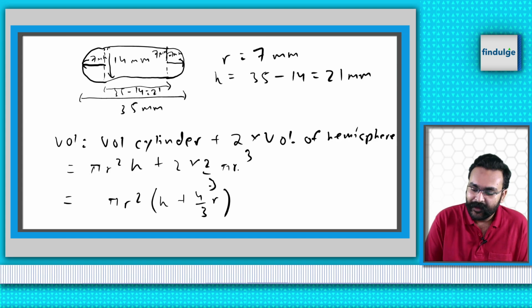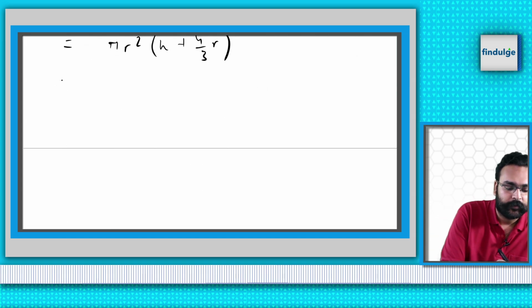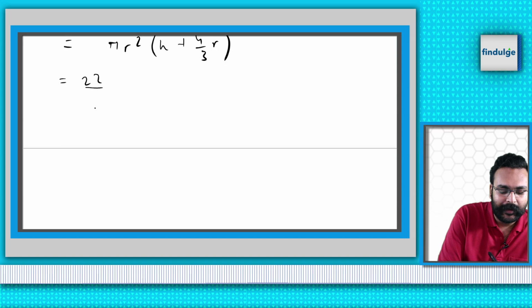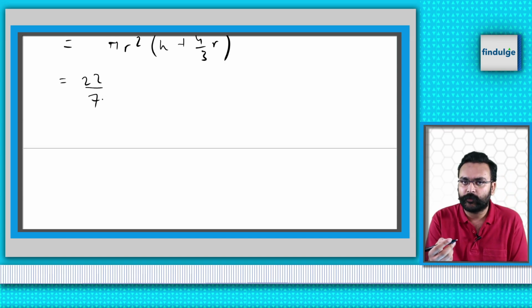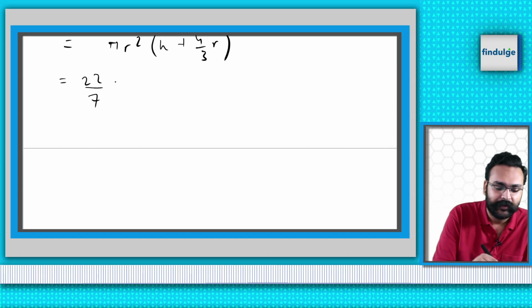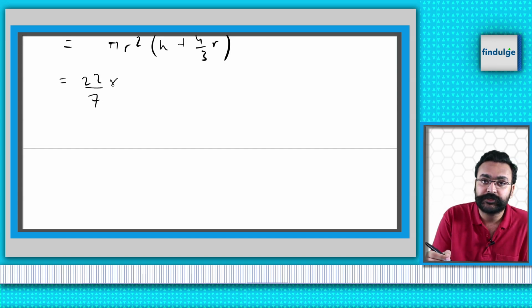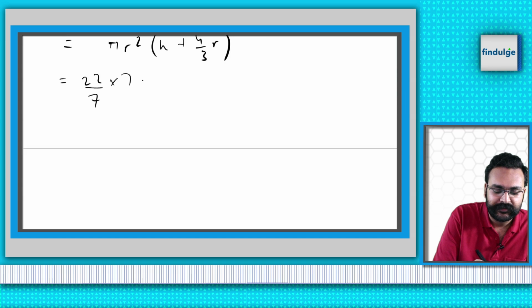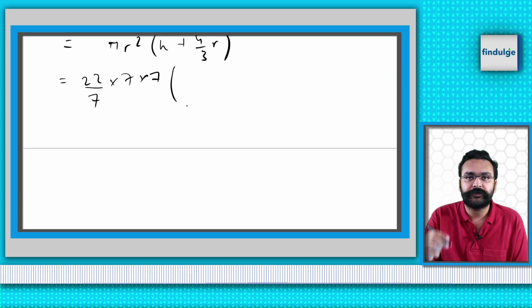And now I will plug in my values, where pi, we'll take it as 22 by 7, which will be specified in the question. If it's not specified, you can choose whatever you prefer, into r square, which is 7 into 7, into h plus 4 by 3 r.